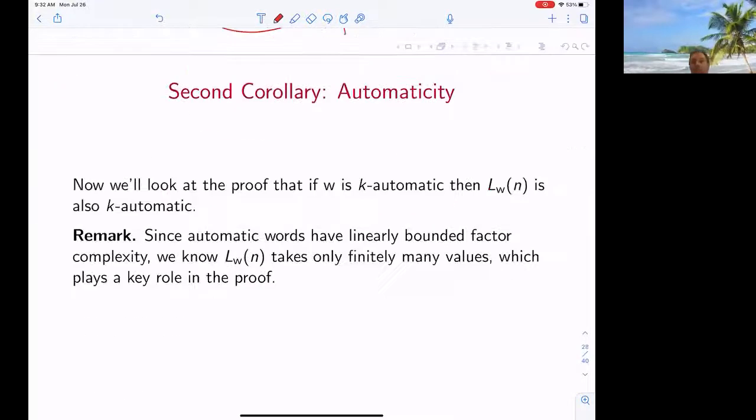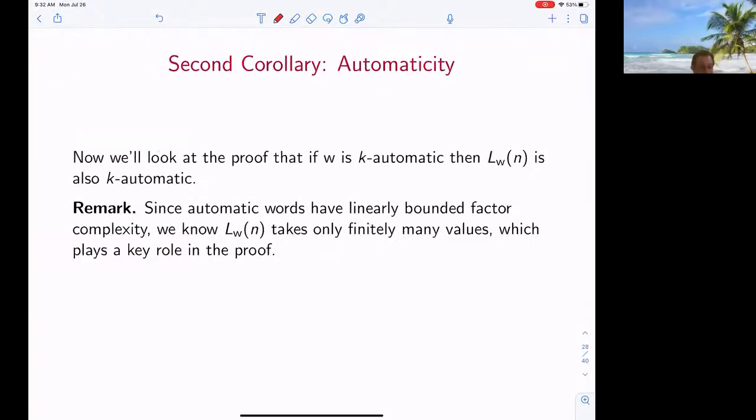The other corollary is slightly more work, and it uses this nice framework of Narad and Emily Charlier and Jeff Shallit that started this whole Walnut software story.